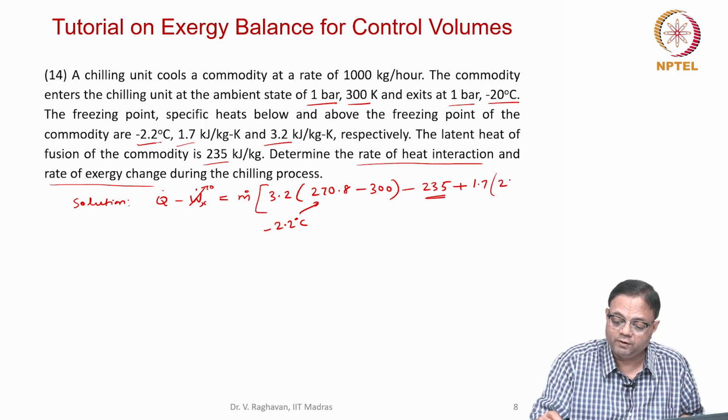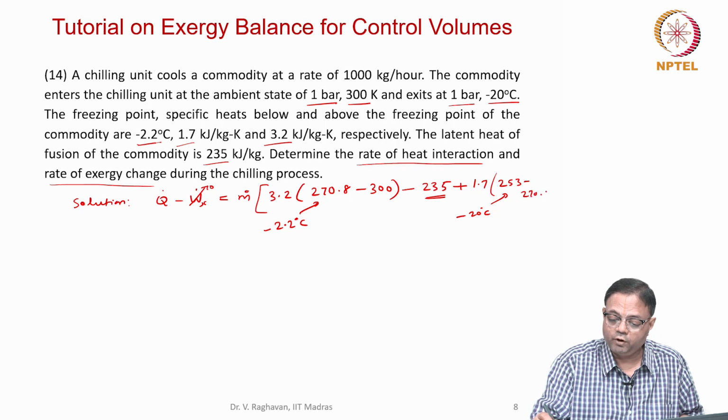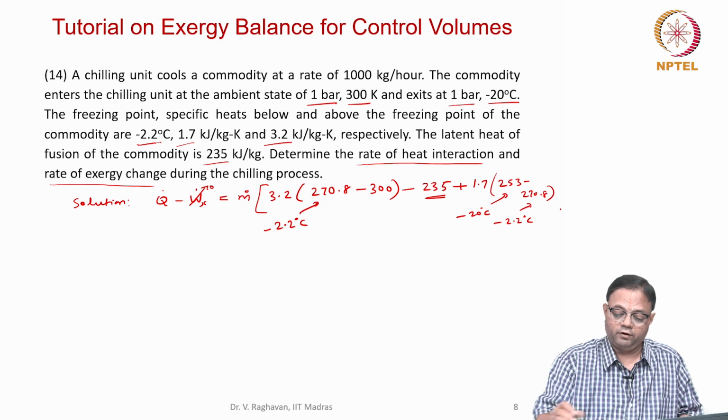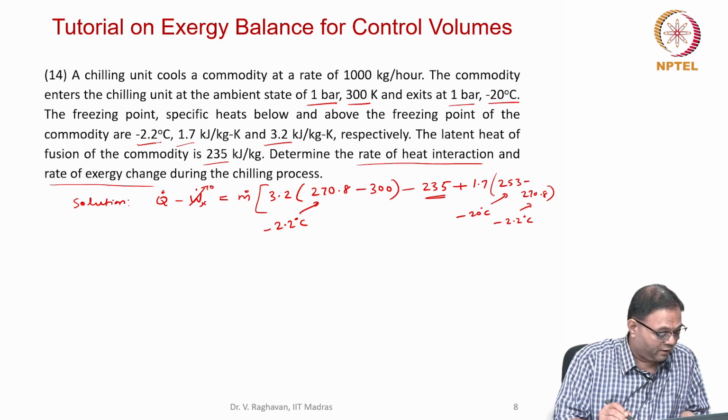So, now the final temperature is 253, that is minus 20 degrees centigrade, minus 270.8, which is minus 2.2 degrees centigrade. Okay, so this is the conservation. So, from that I can find Q, the rate of heat interaction.